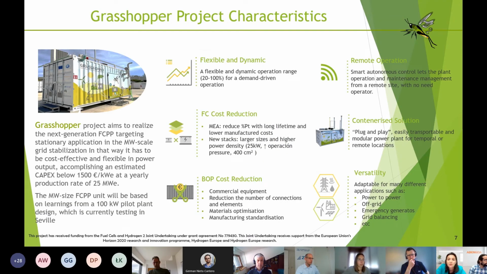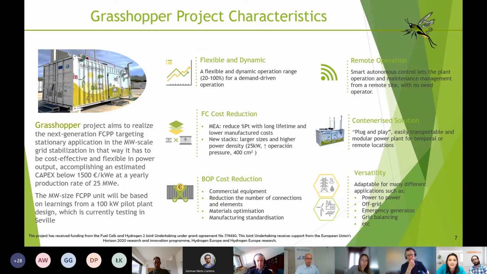Now that you know more about the Grasshopper team, let's talk about the characteristics which make this project different. As I mentioned before, the project aims to develop a next generation of fuel cell power plant targeting stationary application at the megawatt scale, and looks for cost reduction and flexible operation.